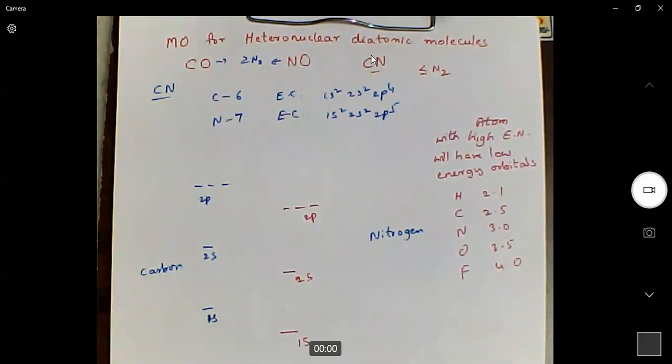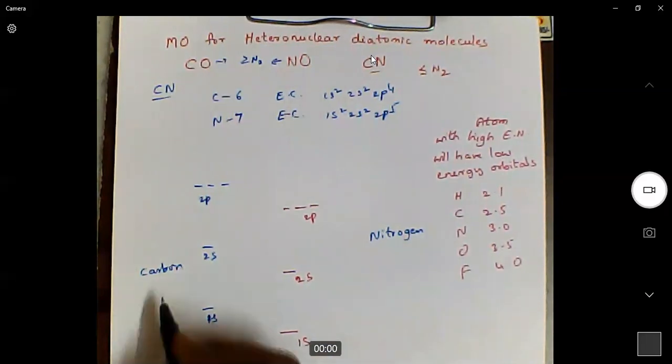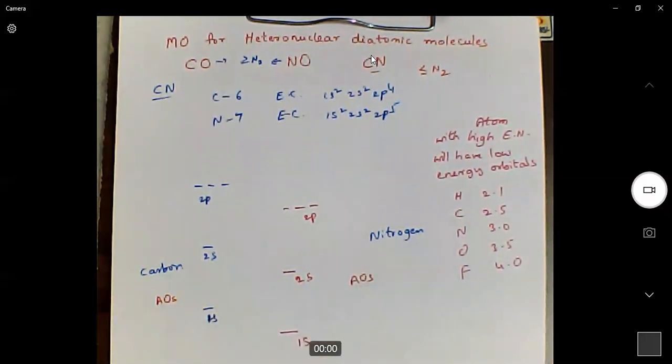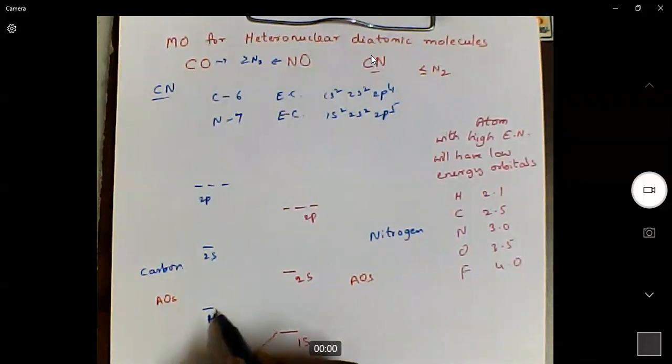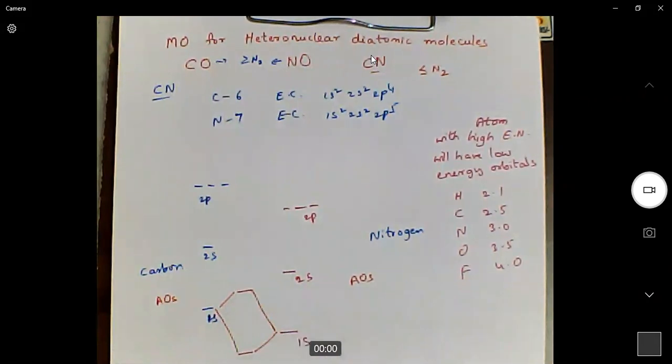Now we need to construct the MO diagram between carbon and nitrogen. These are AOs of carbon, these are AOs of nitrogen. Now we are constructing MOs.